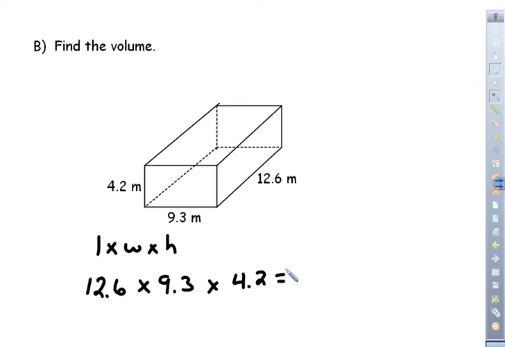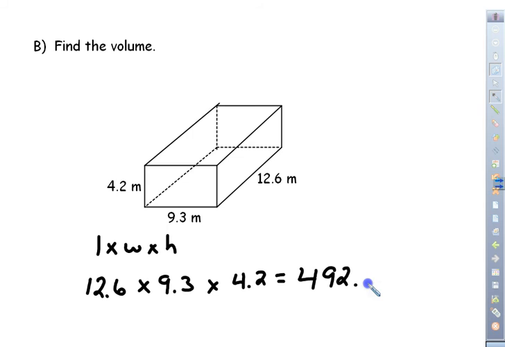Simply take your calculator, 12.6 times 9 3/10 times 4 2/10. I plugged it wrong on my calculator, so bear with me. 12 6/10 times 9 3/10 times 4 2/10. There we go.